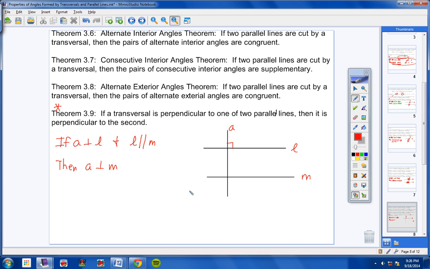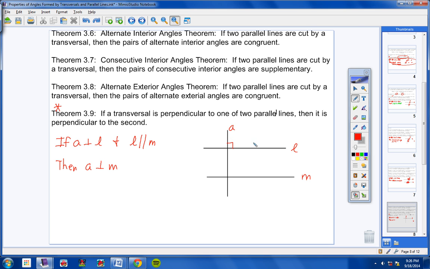Okay, now let's look at this very carefully. First of all, you must have two parallel lines, and we have that. Second of all, you must have a transversal that's drawn in such a way that it's perpendicular to one of the lines, and here it is.